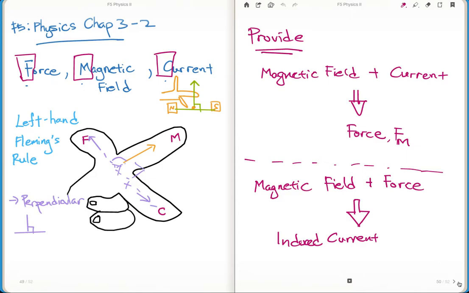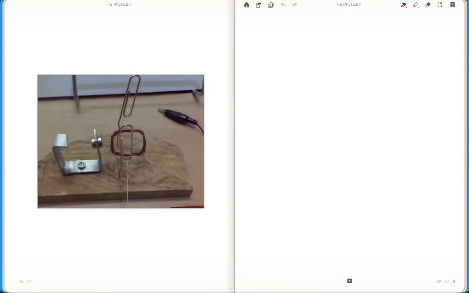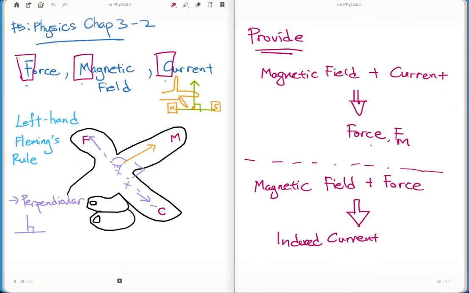Now, I have a practical video to show you how it works. Meaning, I provide current, I provide magnetic field, and then there will be a force. Like this one here.